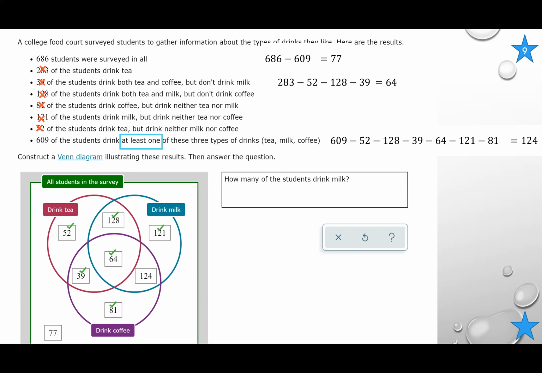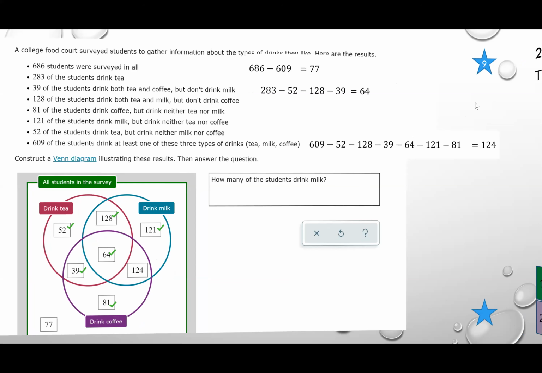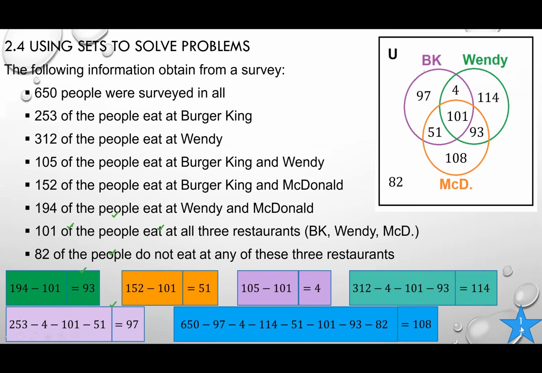So looking at this item, the information provided to us is a little bit different, and that's the challenge you have to overcome: when do we start in the center and subtract our way out, or when do we just use the information they give us? If they spell it out like this, we just use the information they give us, okay?